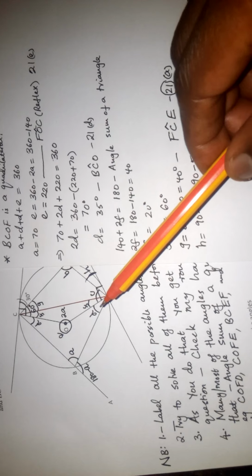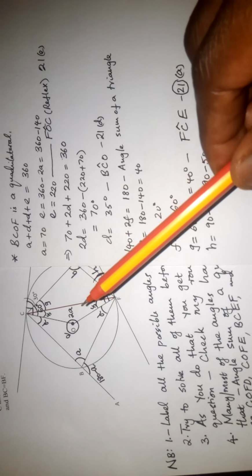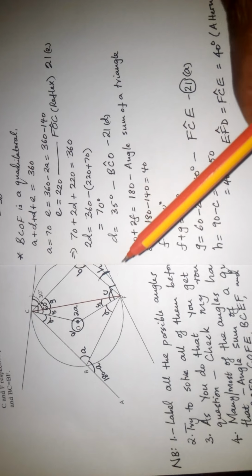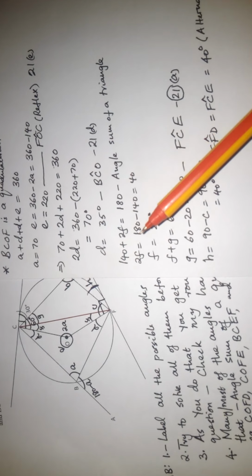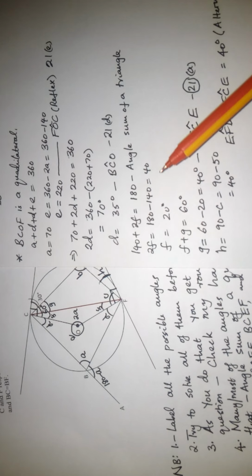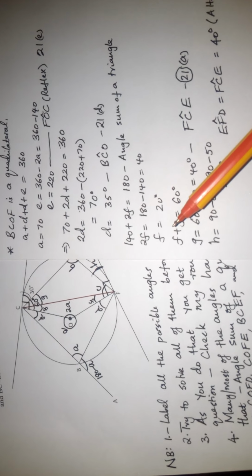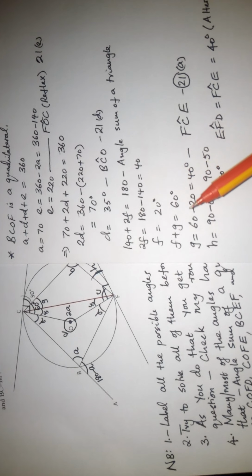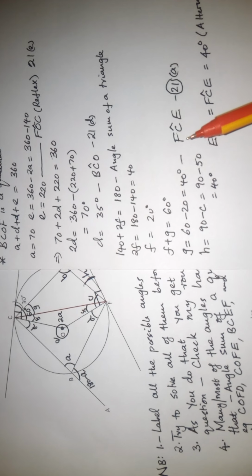So that is the angle sum of a triangle. 2A plus 2F will give us 180, but remember we got 2A as 140, so 2F is equal to 180 minus 140, which gives us 40, and F becomes 20 degrees. Then F plus G must give us 60, so G is equal to 60 minus 20, and that is equal to 40. That angle is FCE.